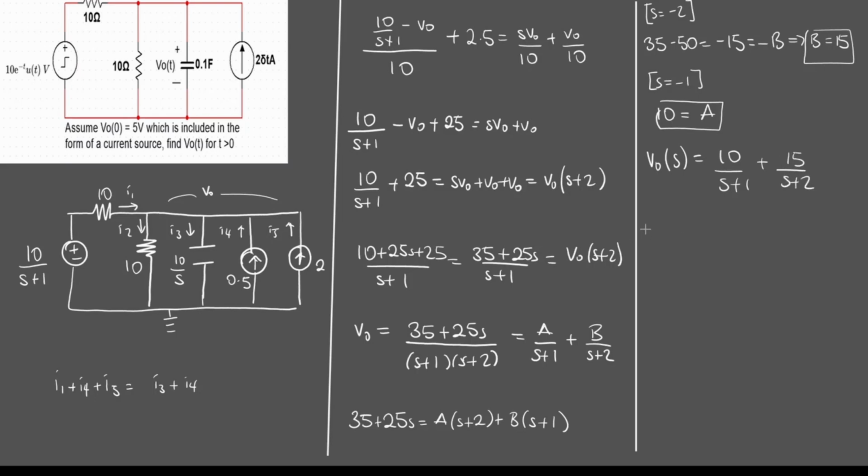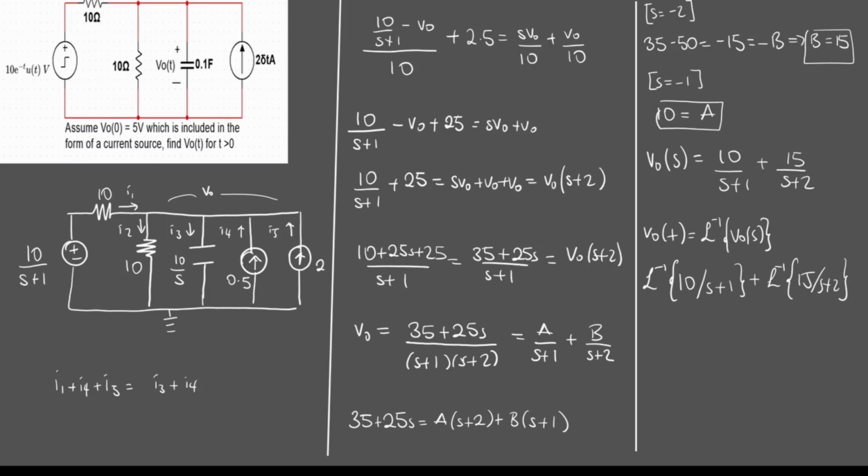Okay? V0 as a function of time is the inverse Laplace of V0 as a function of S. Obviously. So that's going to be the inverse Laplace of 10 over S plus 1 plus the inverse Laplace of 15 over S plus 2. Okay, if we bring out the numerators, this is going to be 1 over S plus 1, 1 over S plus 2, a format we're familiar with.